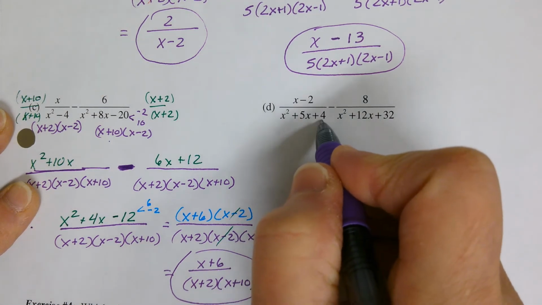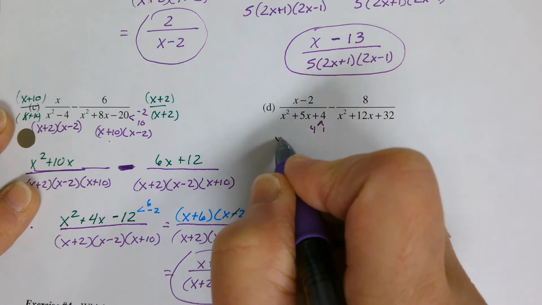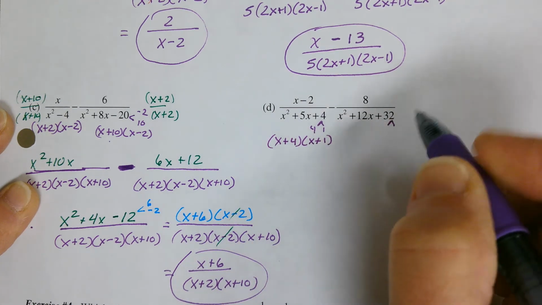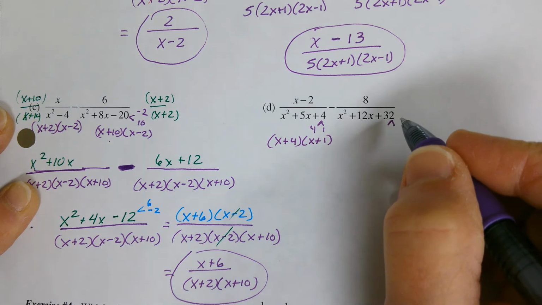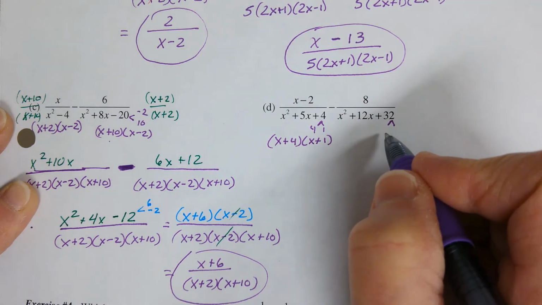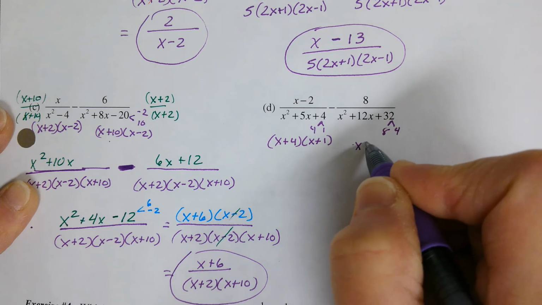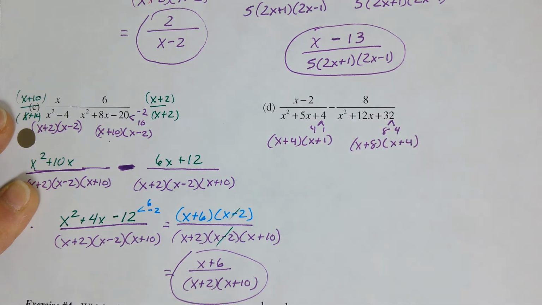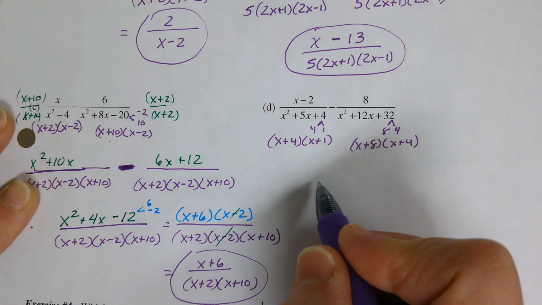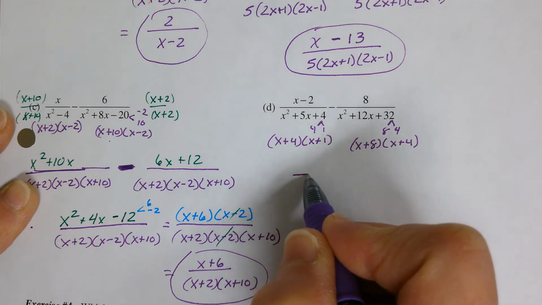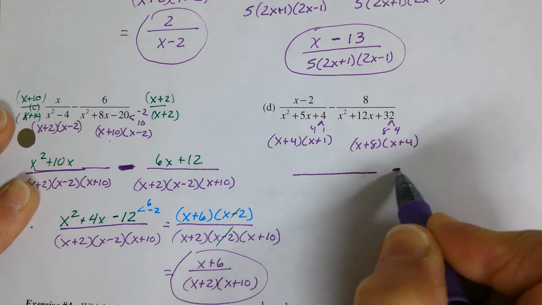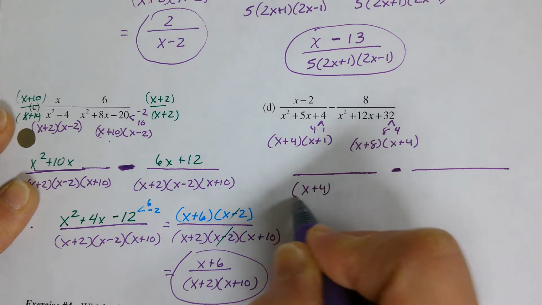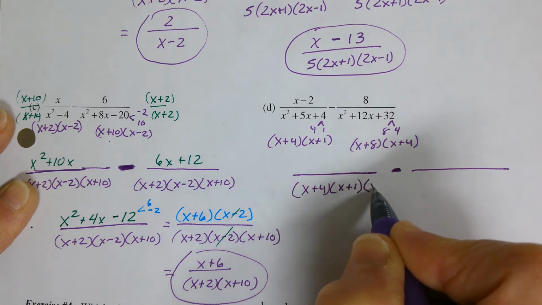With D, factoring. Factors of 32 that sum to 6 are 8 and 4. Common denominator: x plus 4 times x plus 1 times x plus 8.